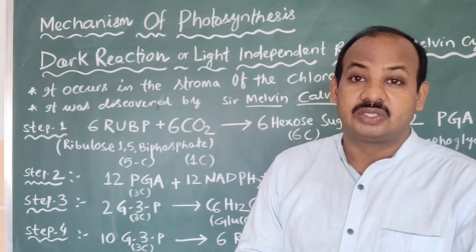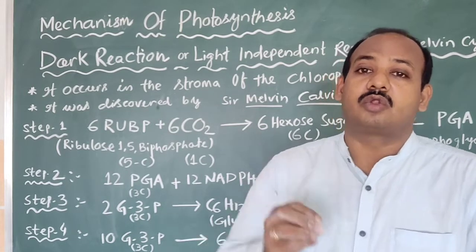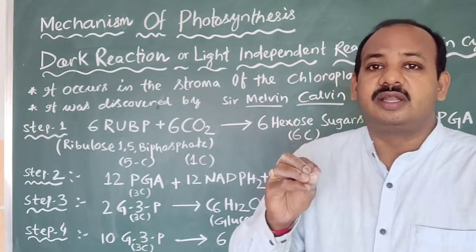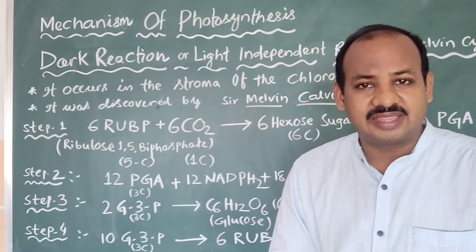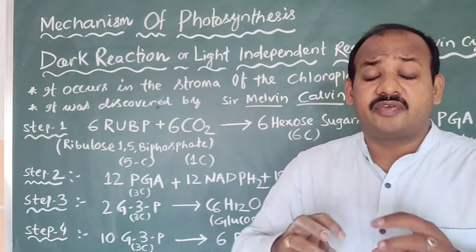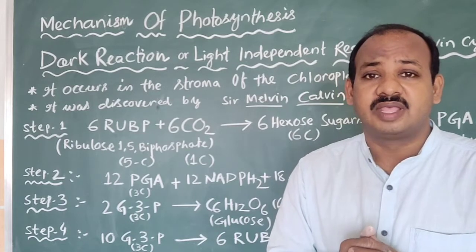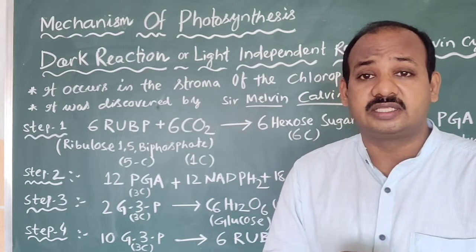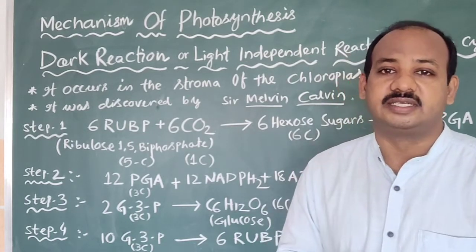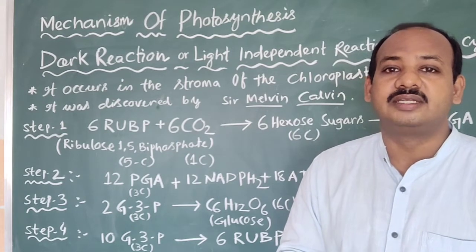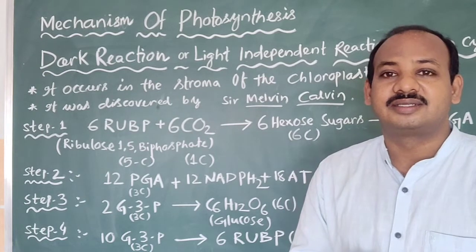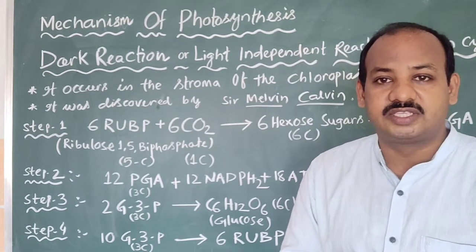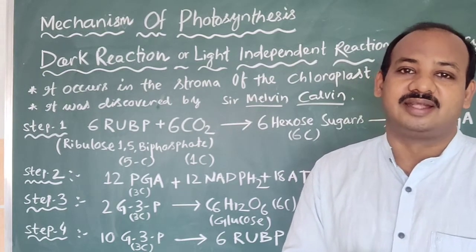Okay children, the fluid filled matrix of the chloroplast is called stroma. In the stroma there are different types of enzymes, proteins and sugars, which help in synthesis of carbohydrate by trapping or fixing the carbon dioxide.